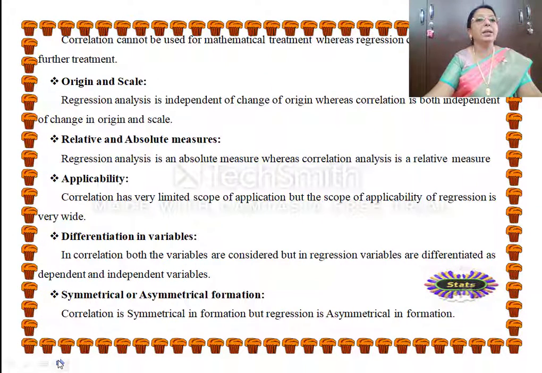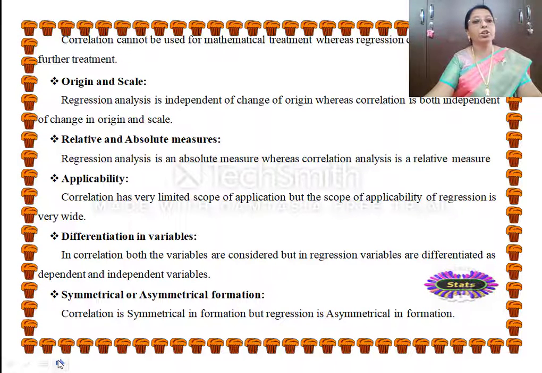Going on to the mathematical treatment, correlation cannot be used for mathematical treatment, whereas regression can be used for further treatment. Origin and scale. Regression analysis is independent of change of origin, whereas correlation is independent of change in both origin and scale. Relative and absolute measures. Regression analysis is an absolute measure, whereas correlation analysis is a relative measure.